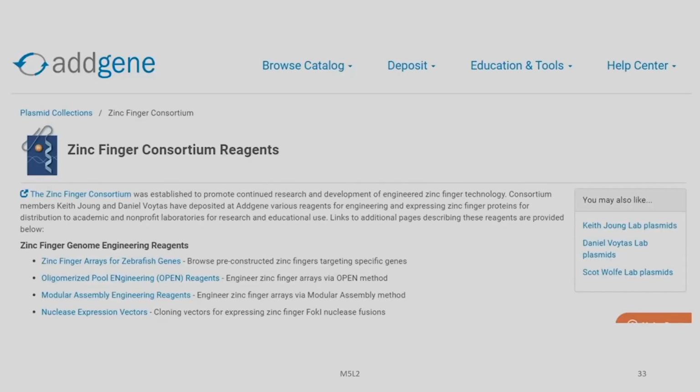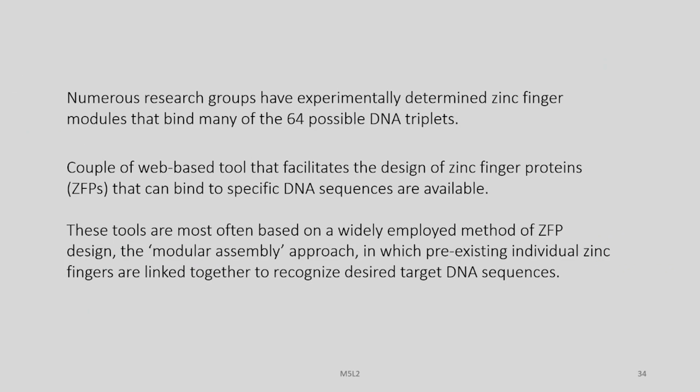So, this is a resource site from where you can get many of the reagents required, and you have these various platforms as well here, the open and the modular assembly engineering reagents, and we have discussed these various platforms earlier. Numerous research groups have experimentally determined zinc finger modules that bind many of the 64 possible DNA triplets.